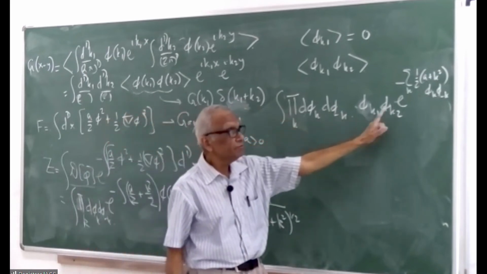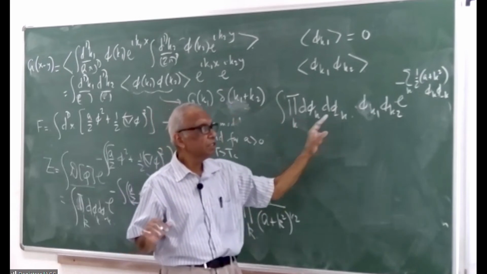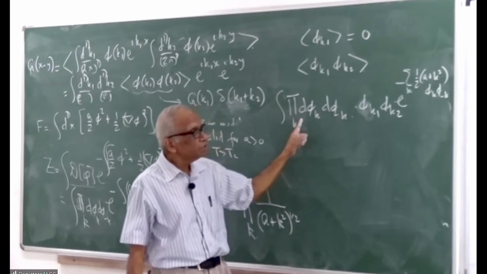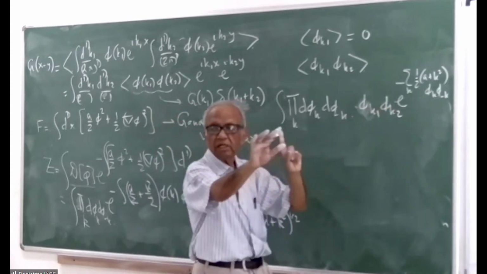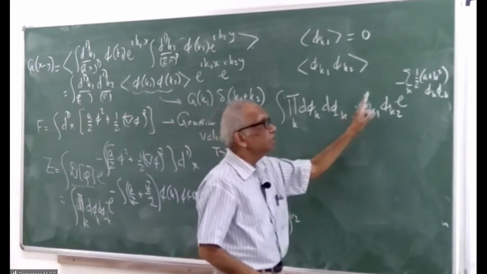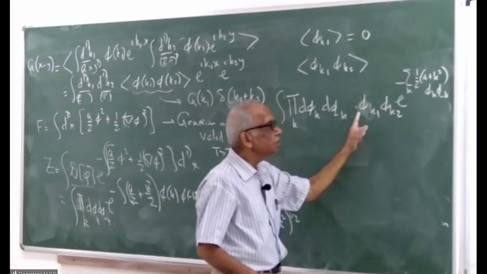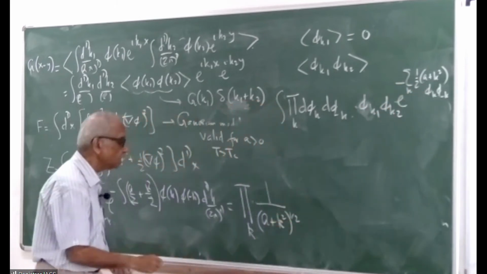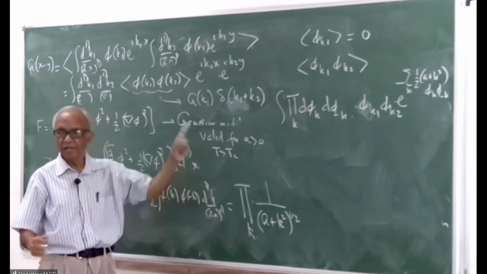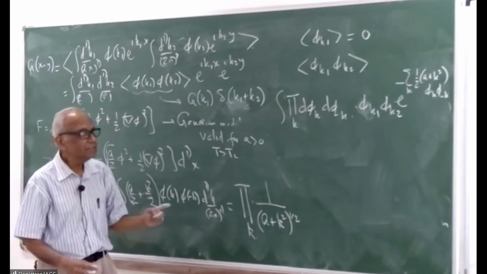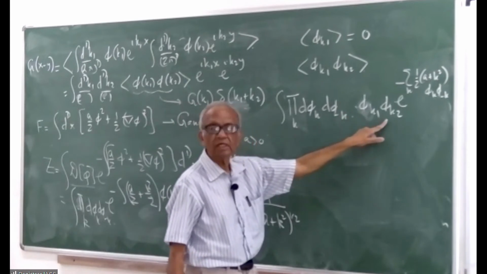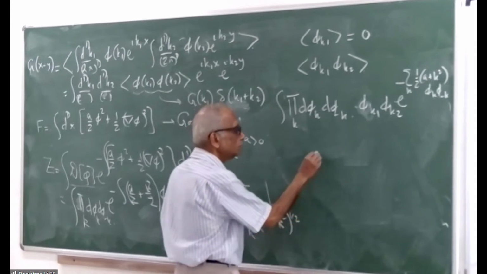Now k1 and k2 are fixed, and you are doing an integration over all the others. So long as you do the integrals, all the k's are decoupled. When k is not equal to k1 or k2, you just pick up this quantity with k not running over k1 and not running over k2. And when it runs over k1 and k2, then what am I looking at?